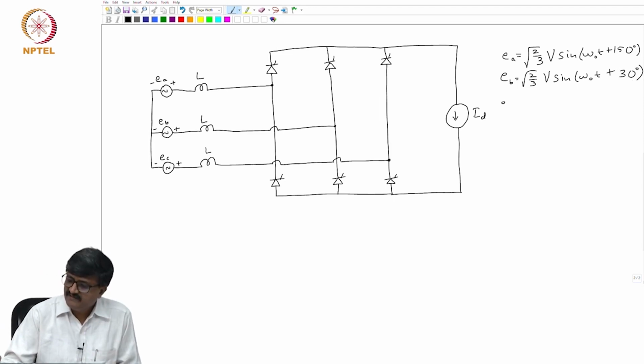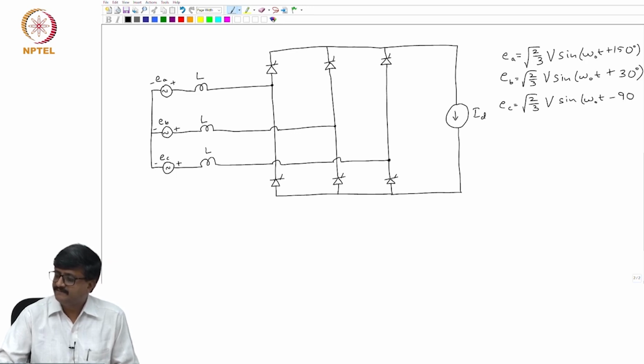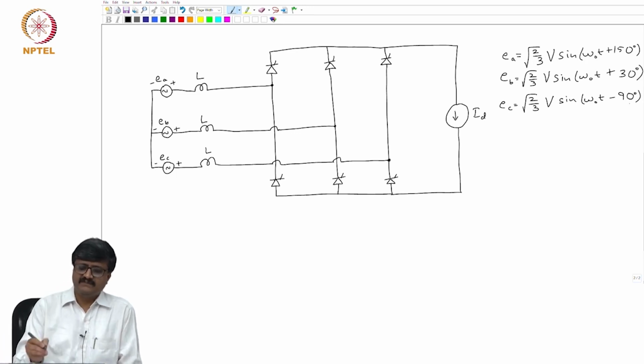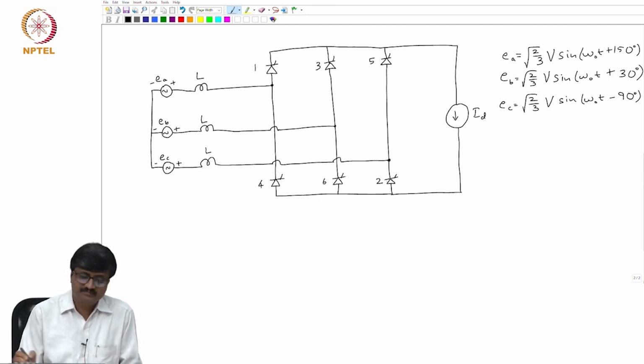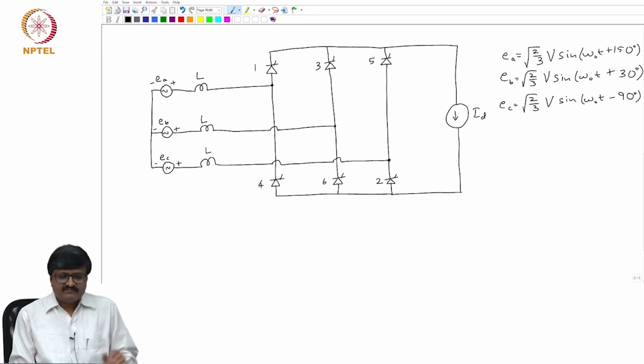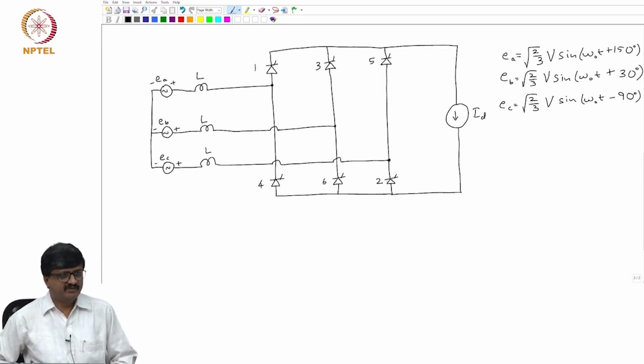And EC is root 2 by 3 V sine(omega t minus 90 degrees). The thyristor valves are named 1, 3, 5 for the upper commutation group, and 4, 6, 2 for the lower commutation group. The only difference is that now there is an L; in the previous case L was 0.